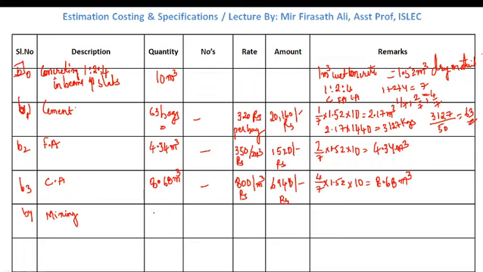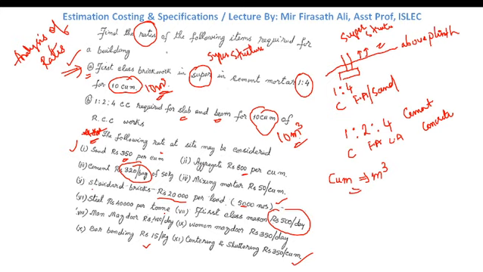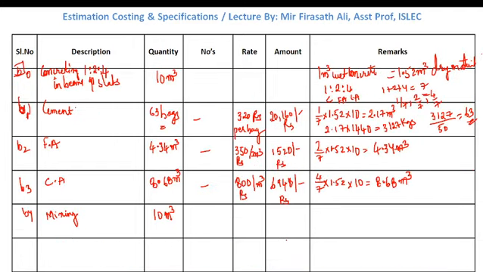What is the quantity of concrete? 10 meter cube. Okay. How much are they charging? Mixing charges is nothing but 50 rupees per meter cube. Include this detail.